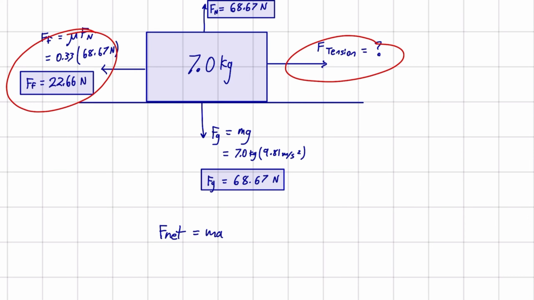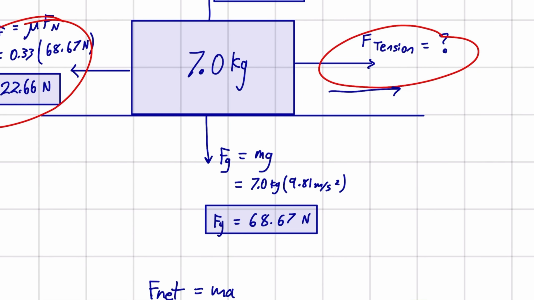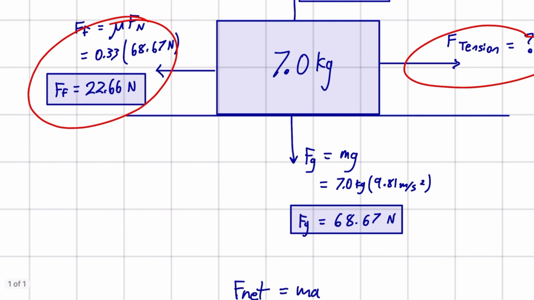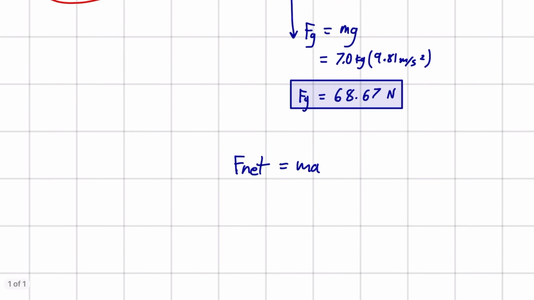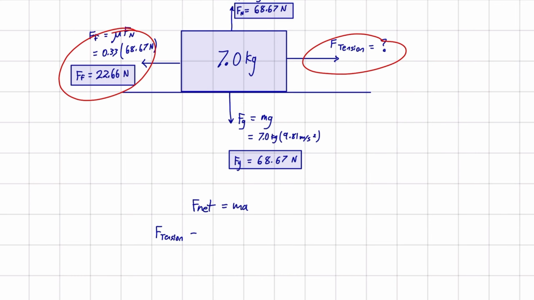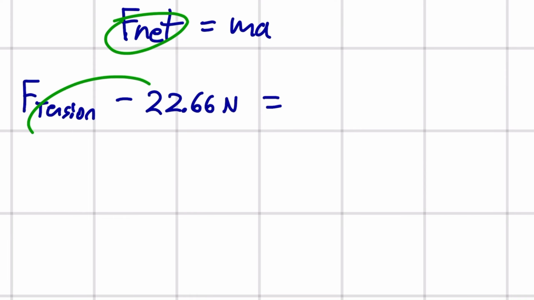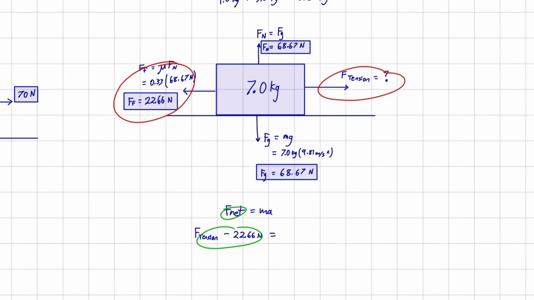And we don't know what F tension is, what the tension force is, but we do know it's positive. It's going in this direction, so it's going to be a positive. And we do know force of friction. So let's write them out like this. F tension, because it's our unknown value, minus 22.66 newtons. So that is our net force there.